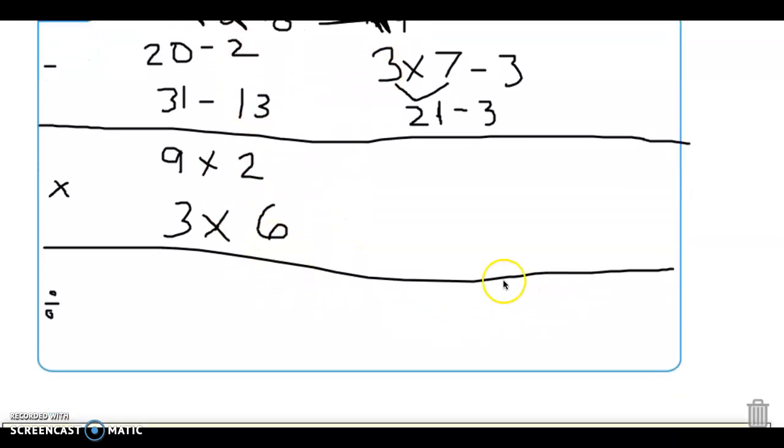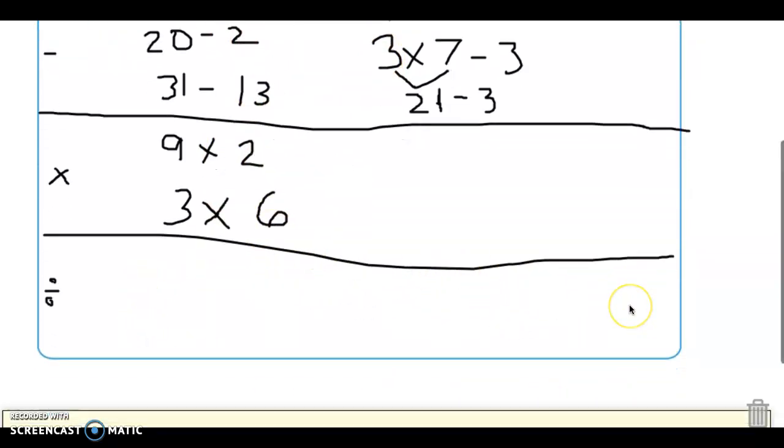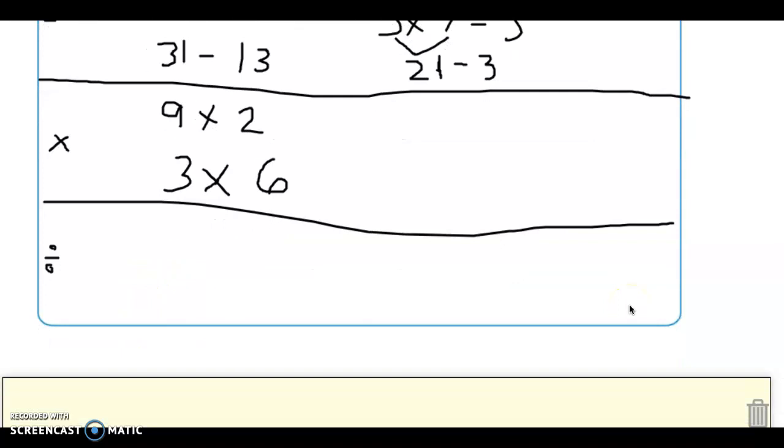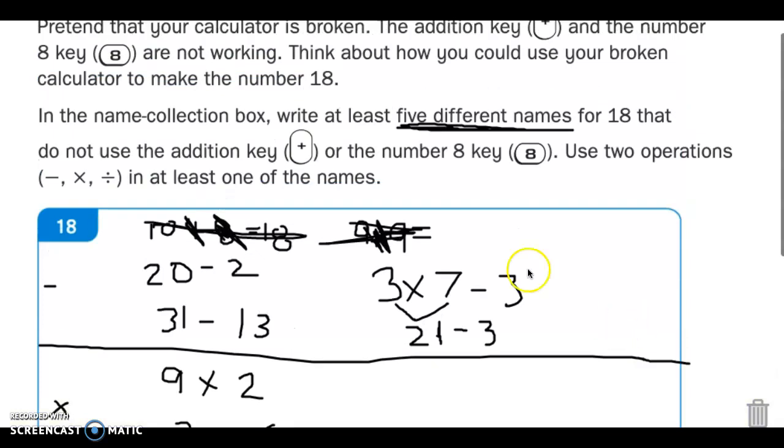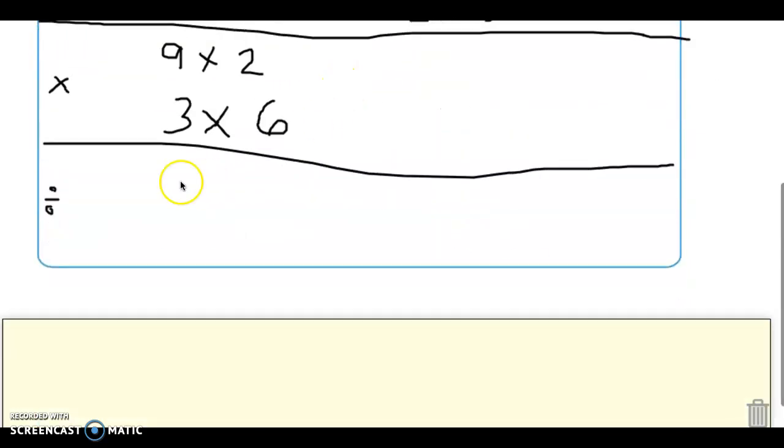But if I wanted to challenge myself, I also put a division problem. What are some division problems that could equal 18? Well, I want to double 18. What's 18 plus 18? Okay, that's 36. So if I double to get 36, then I would split it in half to get 18, right? 36 cut in half would be 18.